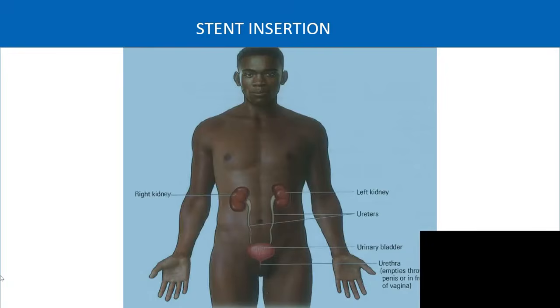Here the physician will perform only examination of the urethra and bladder. So that is 52000. Open your CPT books. Next, 52005.